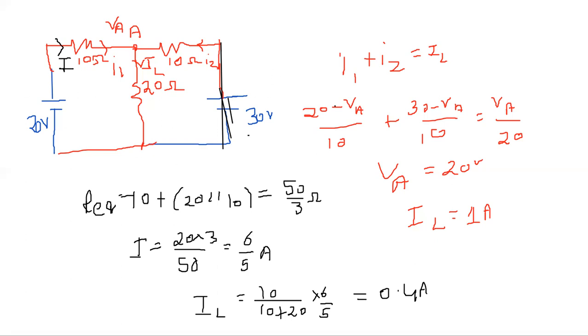Now, if you do not short the 30 volt source and you short the 20 volt source, again R equivalent is the same: 10 parallel 20 plus 10, which again comes as 50 by 3. So now the current I flows from here.